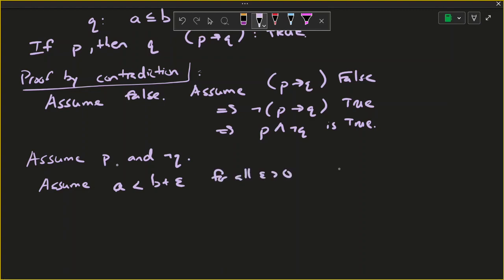I'm going to call this inequality number 1, or statement number 1. So this is P, and we're also going to assume not Q, which is that A is greater than B. We're going to call this inequality number 2.